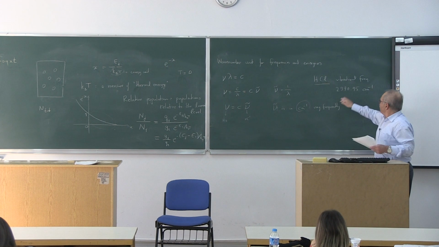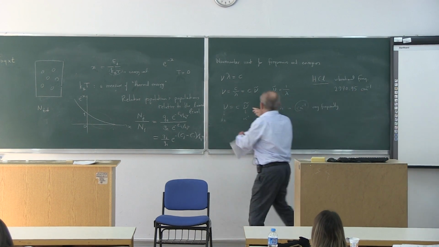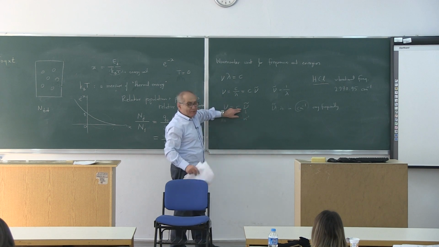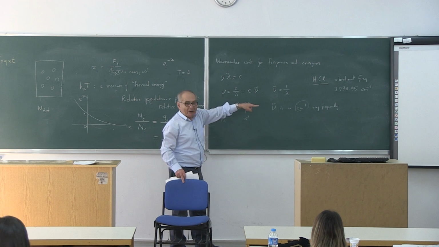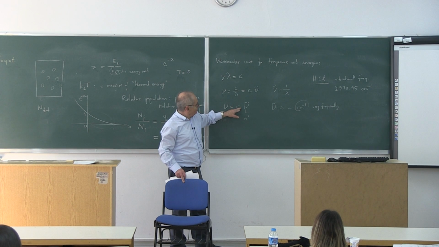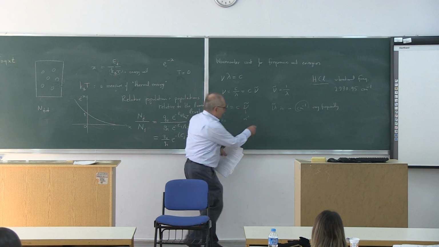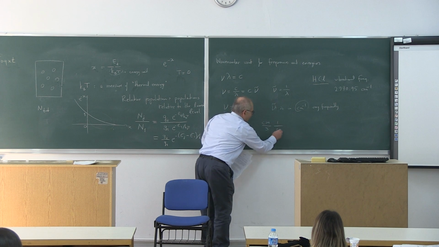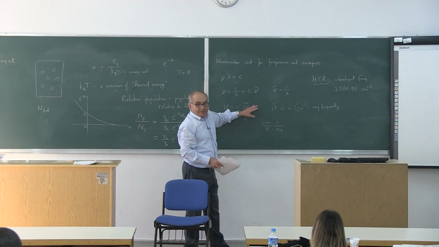Now, for some reason, if you want to express this frequency in the SI unit, what do you do? You take this number, put it here, and multiply with c. But you should use, for the numerical value of c, the 10 to the 10 factor, because the standard value is in meter per second. However, in the conversion from wave number into hertz unit, you should make sure that the value of c is also in centimeter per second, which is the meter per second value times 100 centimeters. Okay, this is how it is converted.